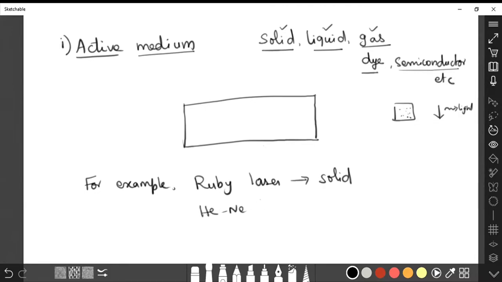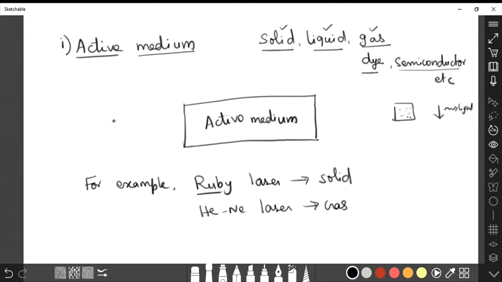Gas. So this is the gas laser. Depending upon the laser, the medium changes. So this is the active medium, where the atomic transition takes place from higher to lower to get the laser light. I hope you understand what the active medium is, right?